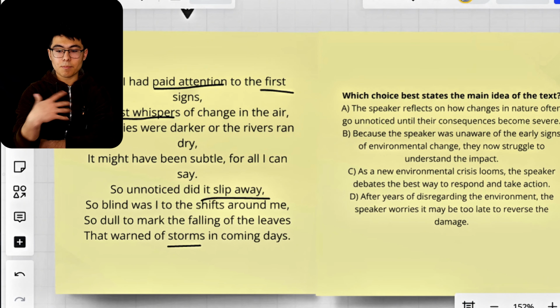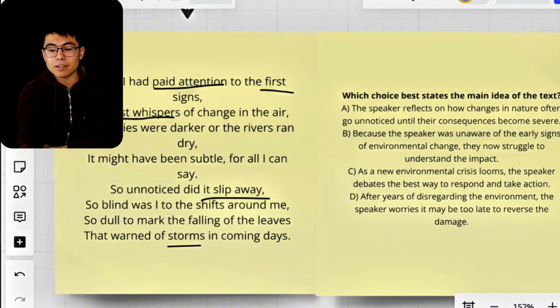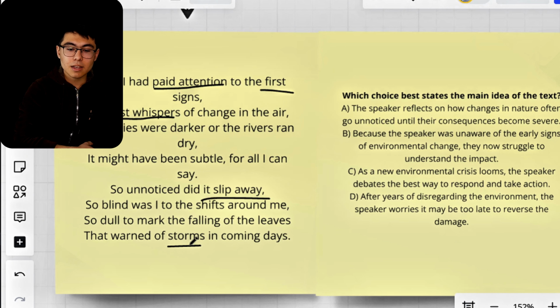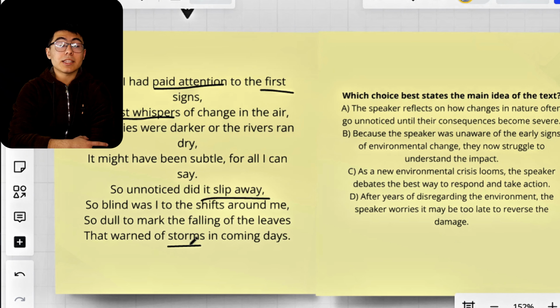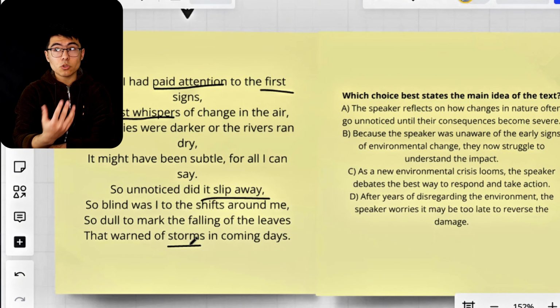Well, the poem here describes how the speaker failed to notice early signs of environmental change. As you can see, storms here, that means there is an environmental change. They also mentioned that those signs were subtle, but they were really significant, and they regret not realizing the importance of those changes earlier.